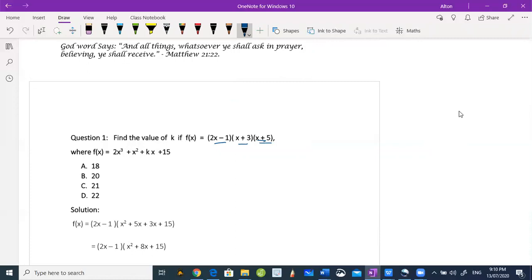The first thing we can do is multiply the term in the second bracket by the terms in the third bracket. And this is what we're going to get. x multiplied by x will give us x squared. x multiplied by 5 will give us 5x. 3 multiplied by x, 3x. And 3 by 5, 15.